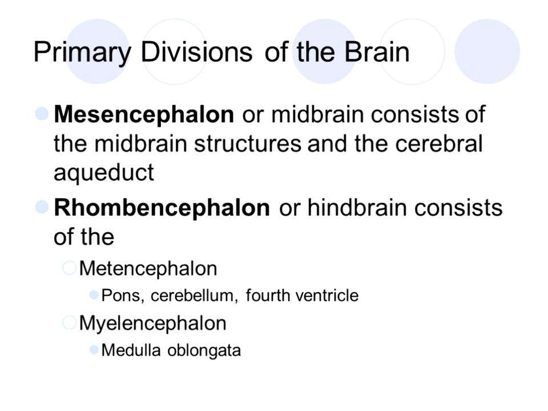Then we have the diencephalon, which consists of the thalamus and the hypothalamus and the third ventricle. We have the mesencephalon as another division, which is the midbrain, and the cerebral aqueduct. Then in the rhombencephalon division of the hindbrain, we have the metencephalon, which is the pons and cerebellum, and the fourth ventricle, and then the myelencephalon, which is the medulla oblongata. You don't have any ventricle at that level.